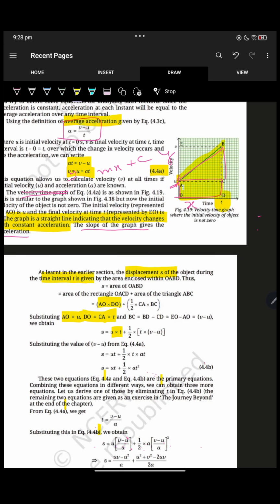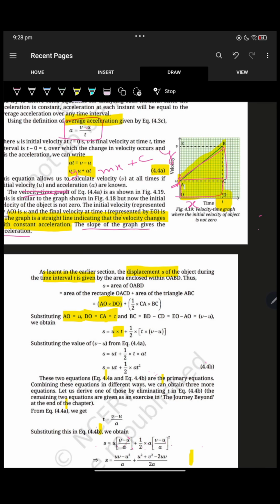If we say the base is CA, so CA is parallel to OD. And if OD is equal to T, CA from the plot is very much clear, equal to OD again. So in that case, CA is equal to T, right?